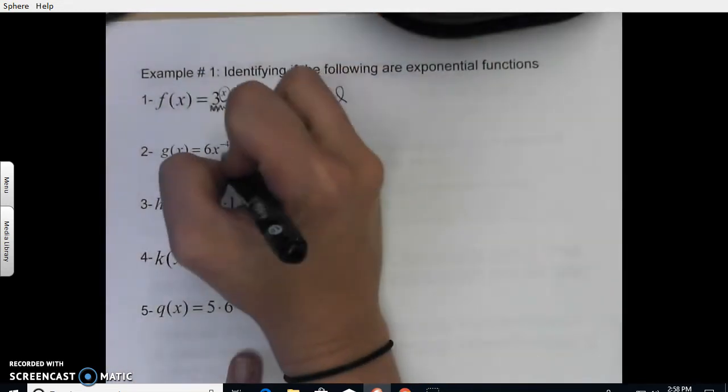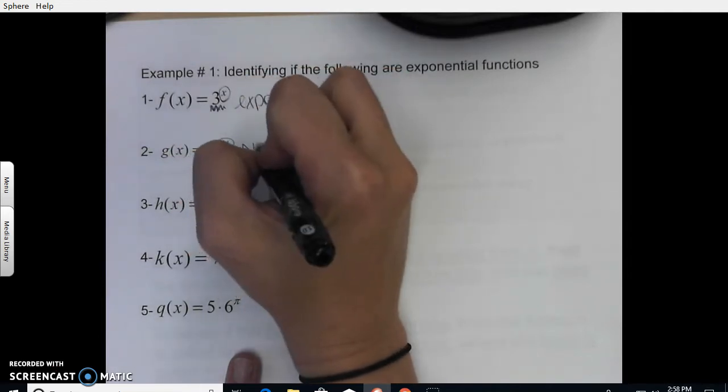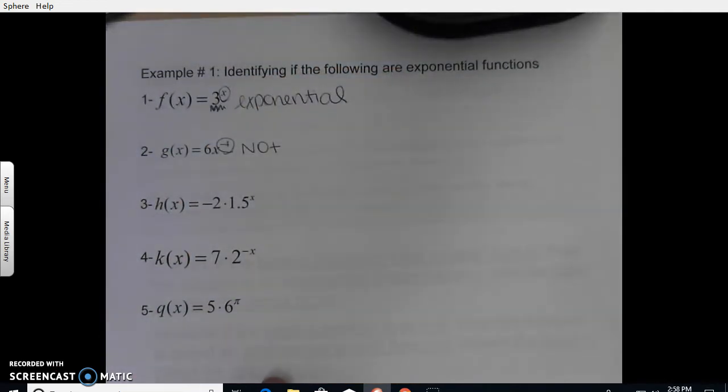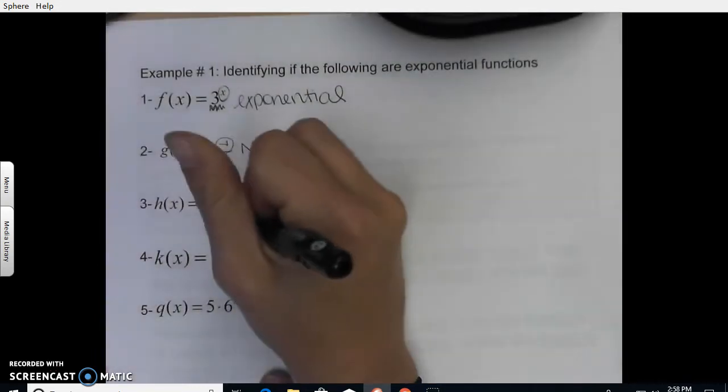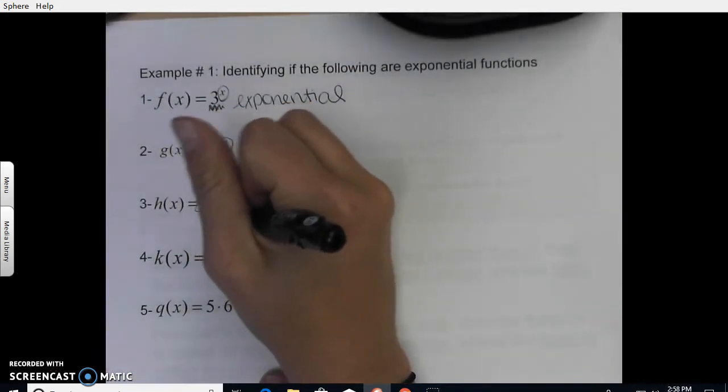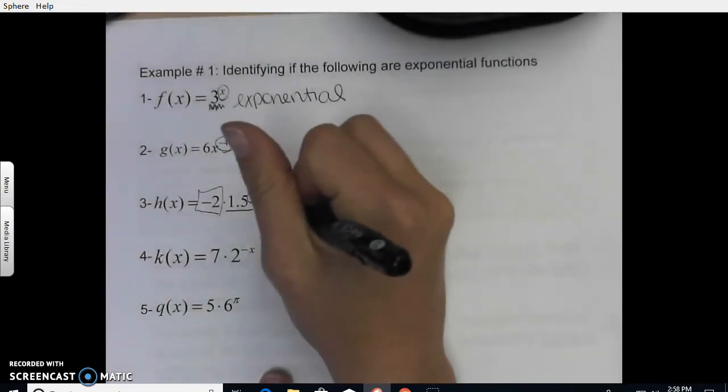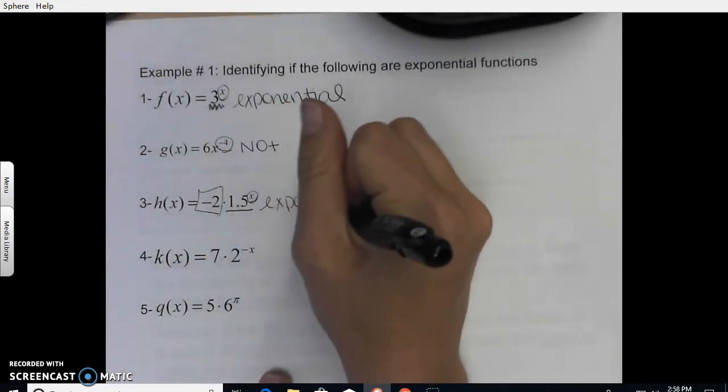In number 2, we have an exponent of -4, so this is not exponential. In number 3, -2 times 1.5 to the x, we have an exponent of x, we have a base, and we have our initial value. Therefore, this is exponential.